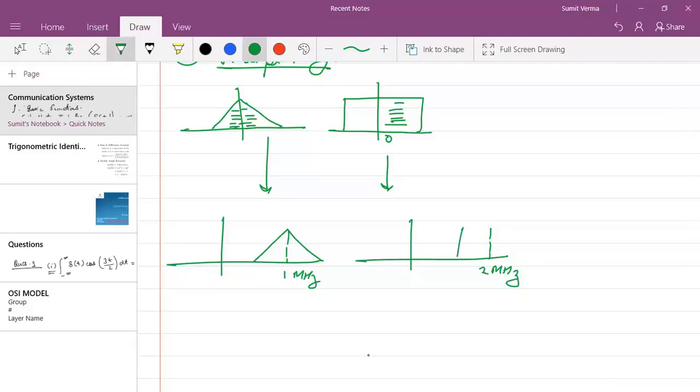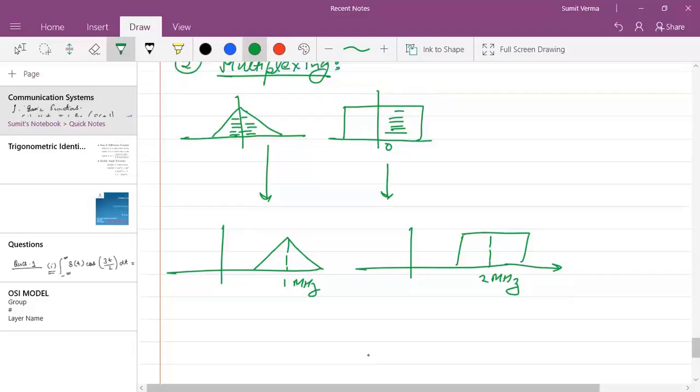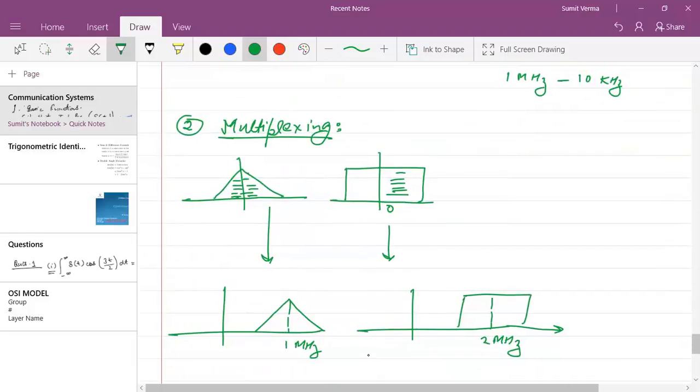Basically now these signals do not have a common frequency component in them. So they will not interfere. You can transmit them at the same time, and they can be received and then demodulated again at the receiver side. So this is the benefit you get from modulation.